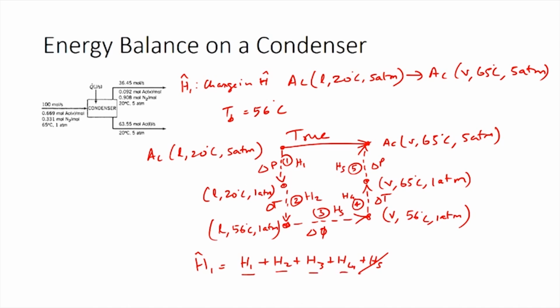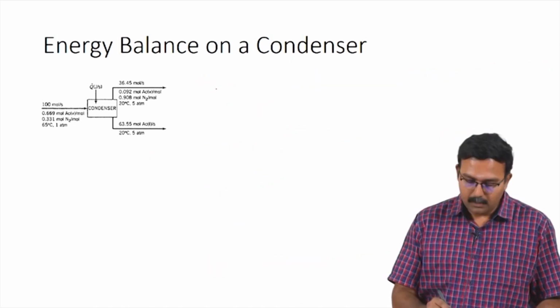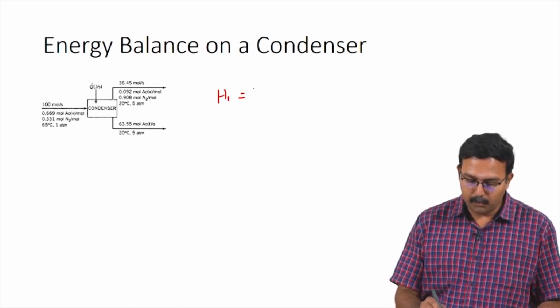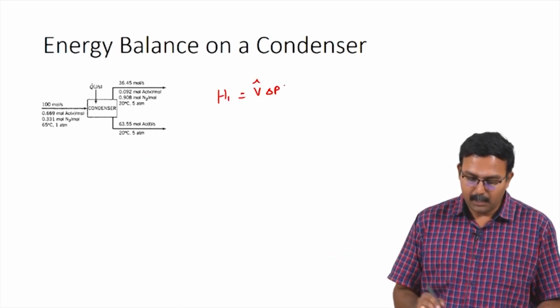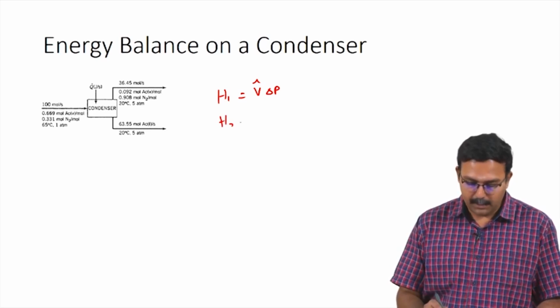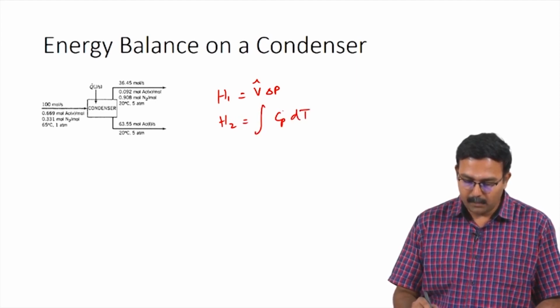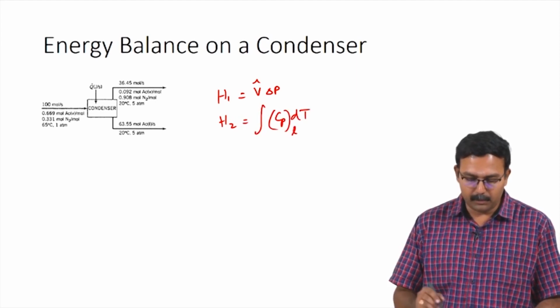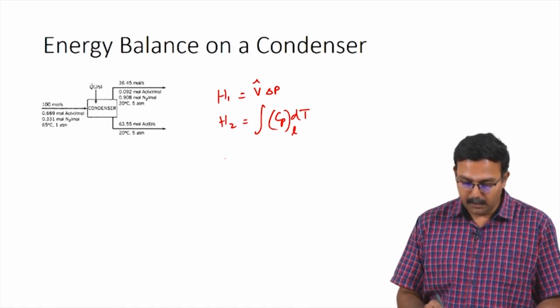The first step is a change in pressure. The enthalpy change for the first step, H1, would be equal to V cap delta P. It is a change in pressure for a liquid, so it would be V cap delta P. The second step is change in temperature, which would be integral Cp dT, where you would use Cp of liquid because the component is still liquid. The third step is where phase change is happening.